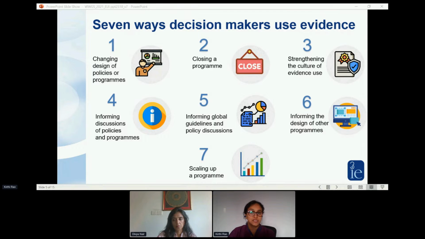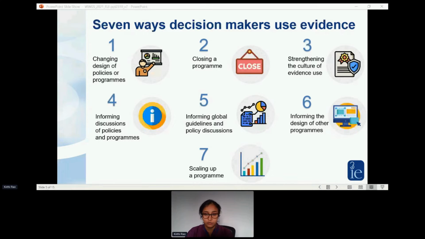We looked at what we were seeing in the research studies that 3ie supported, and then built up these 7 categories. And as you can see, these categories don't represent a very rigid framework. They include process categories, conceptual as well as instrumental categories. And it's a typology that's not set in stone. We review the names of the types as well as the definitions from time to time based on what we're observing.